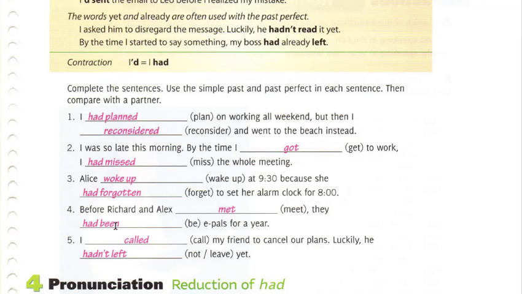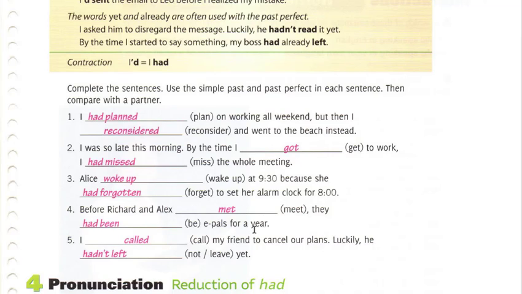We changed the verb be to been to declare it in its past form, and we add the word had to make it past perfect. So it's before Richard and Alex met, they had been e-pals for a year.